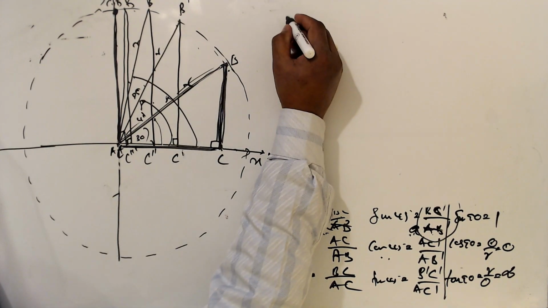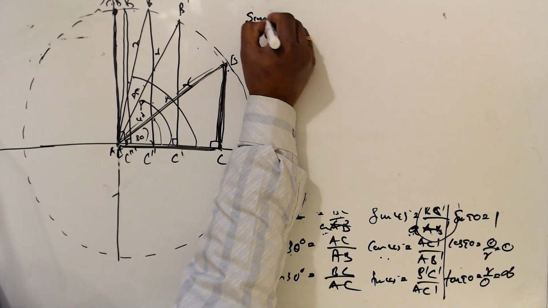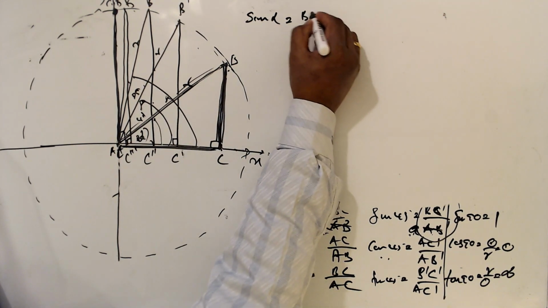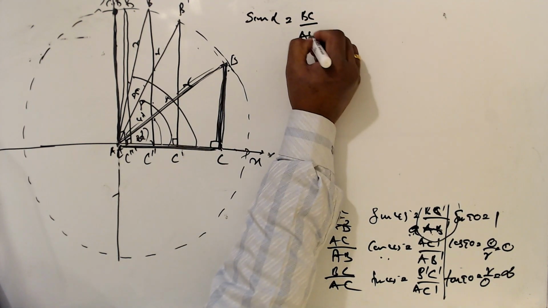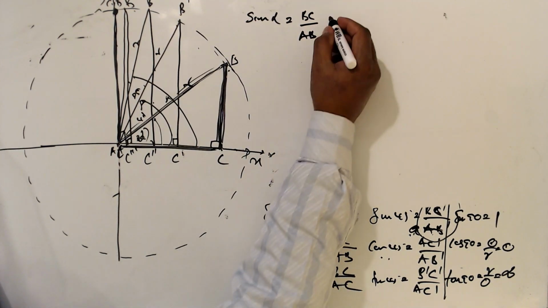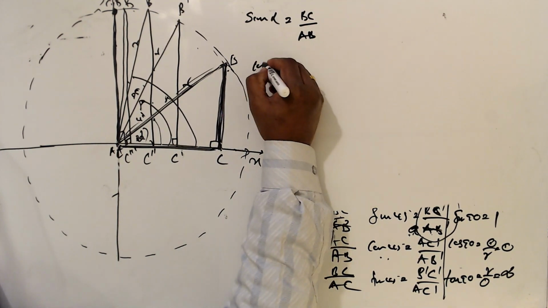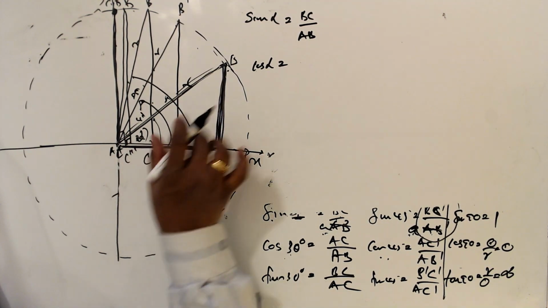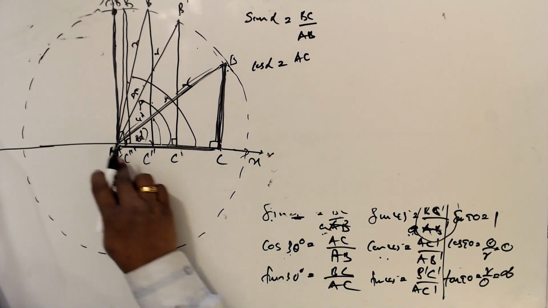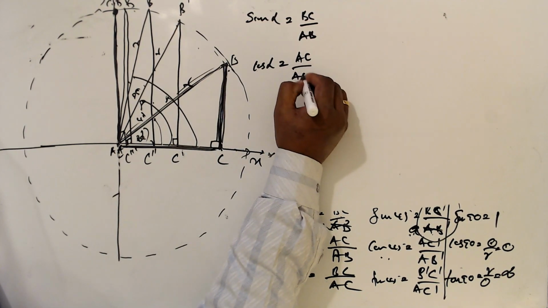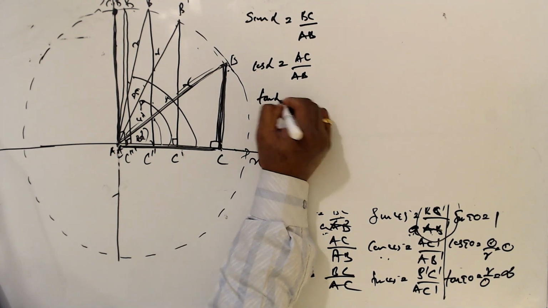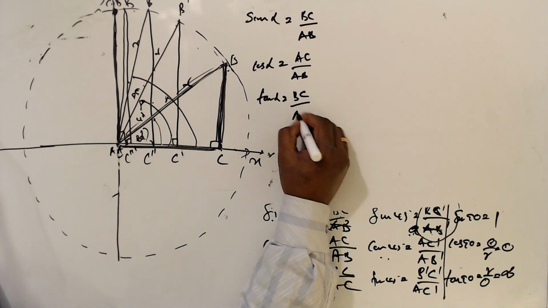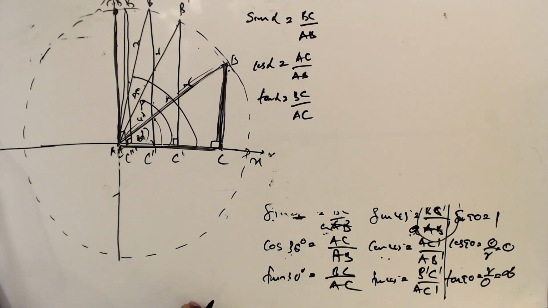I'll take this as alpha. BC divided by AB, hypotenuse. Cos alpha equals AC divided by this distance AB. Tan alpha equals BC divided by AC.